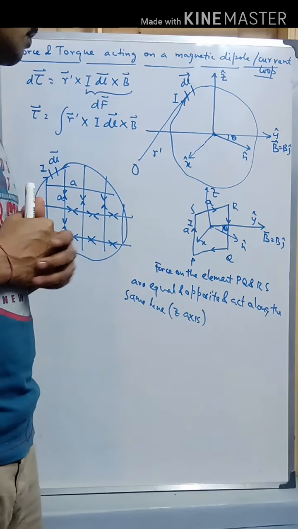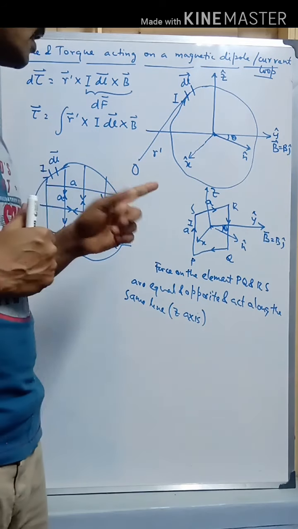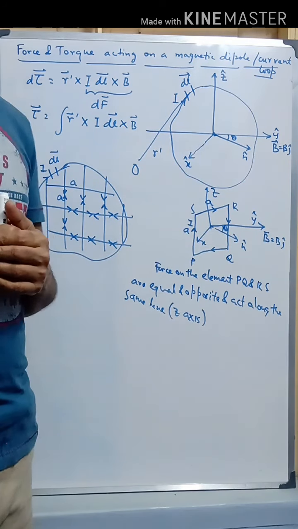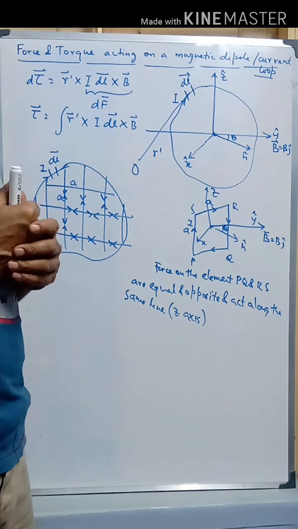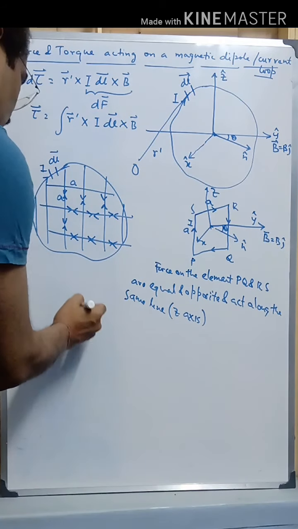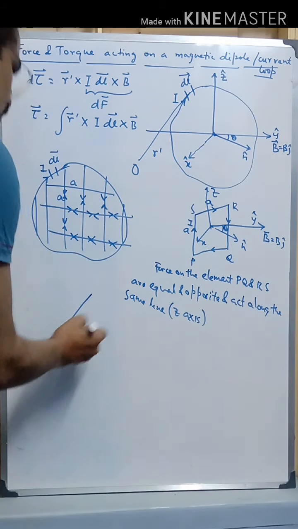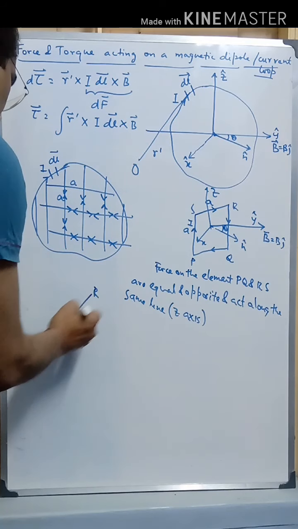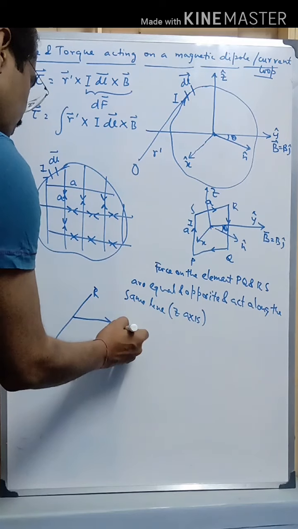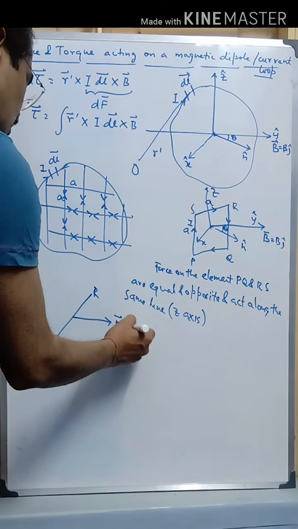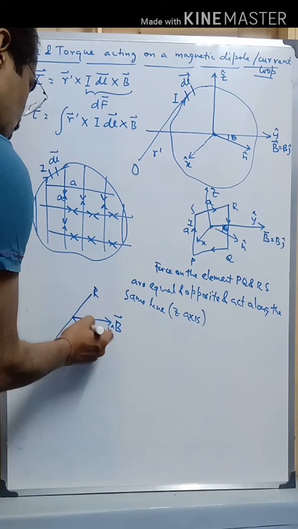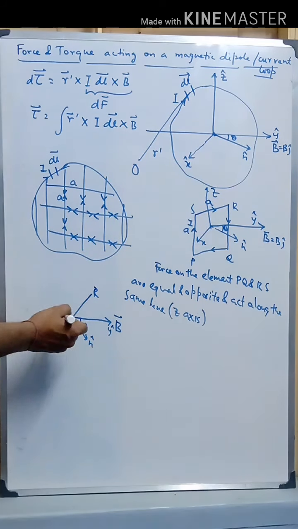But for the sides SP and RQ, there are again two equal and opposite forces acting. If I draw RS like this, the magnetic field B is along the y-axis, making an angle theta with my n cap, the same picture.